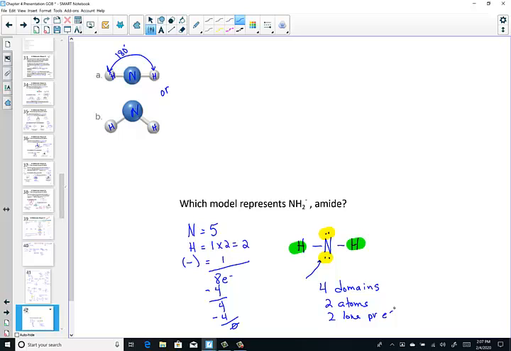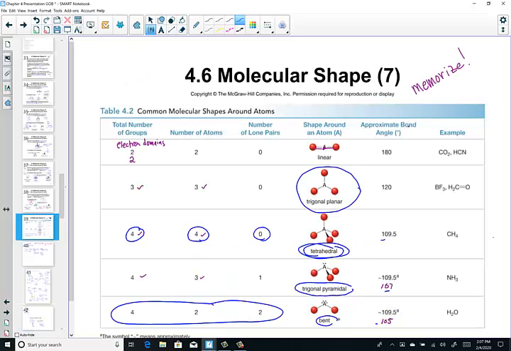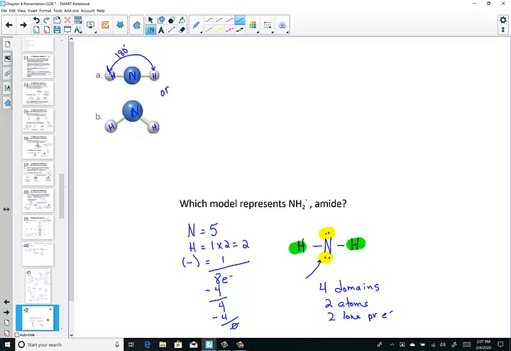So your VSEPR count is 4, 2, 2. Remember what that is yet? 4, 2, 2 is a bent structure. So when I look at my structure, 4, 2, 2, nitrogen with 2 lone pairs leading down to hydrogens is a bent molecular geometry with about a 105-degree bond angle between the 2 hydrogens.